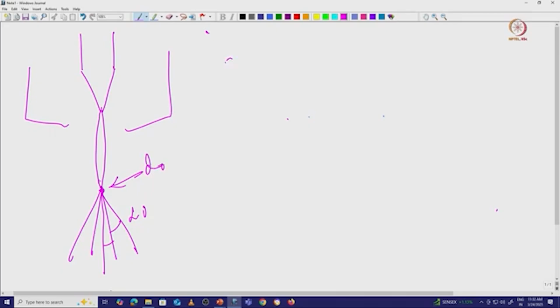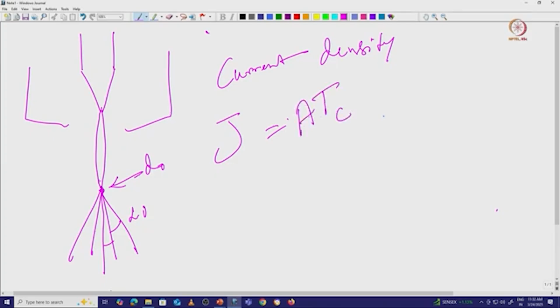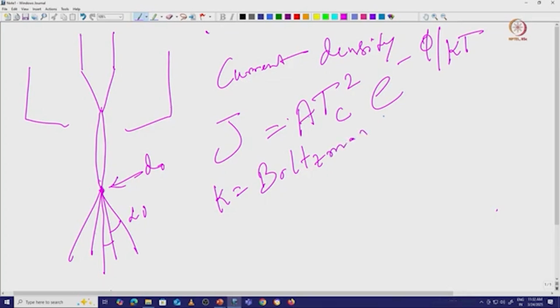The current density J depends on two parts: one is A T c squared e to the power minus phi over kT, where k is the Boltzmann constant.